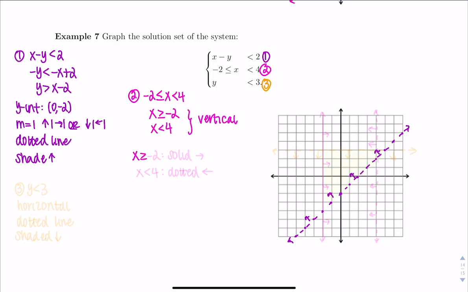So x is greater than or equal to negative 2 will give me a solid line, and it will be shaded to the right. And x is less than 4 is dotted and will be shaded to the left. So x with negative 2 and x with 4.